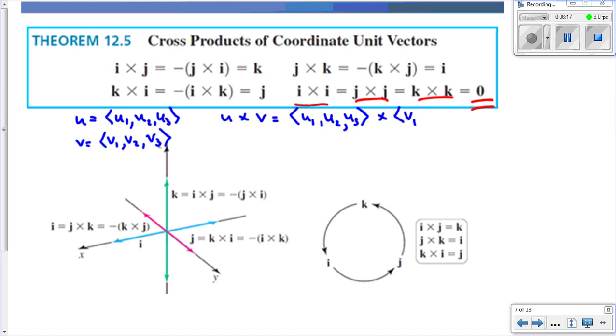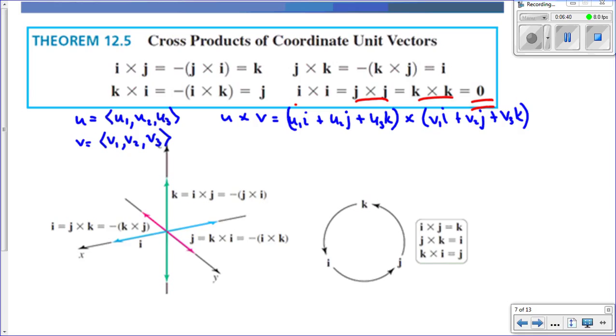Now let me write these in the ijk form. So it's going to be u1i plus u2j plus u3k crossed with v1i plus v2j plus v3k.